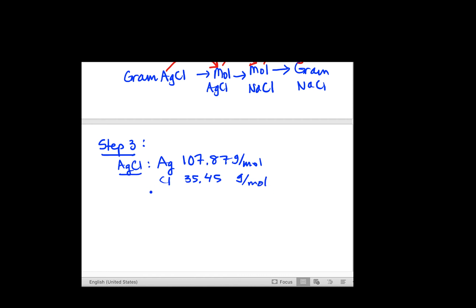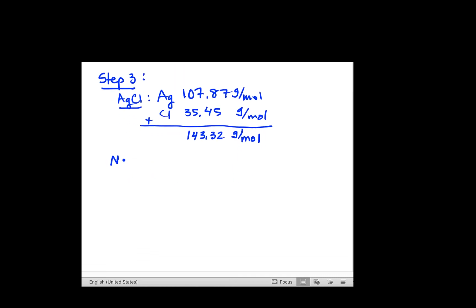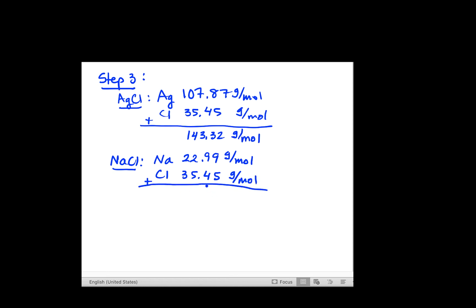If we add those together, we get a molecular weight of 143.32 grams per mole. For sodium chloride, sodium has an atomic weight of 22.99 grams per mole. Chlorine is the same. If we add those up, we will get 57.44 grams per mole.